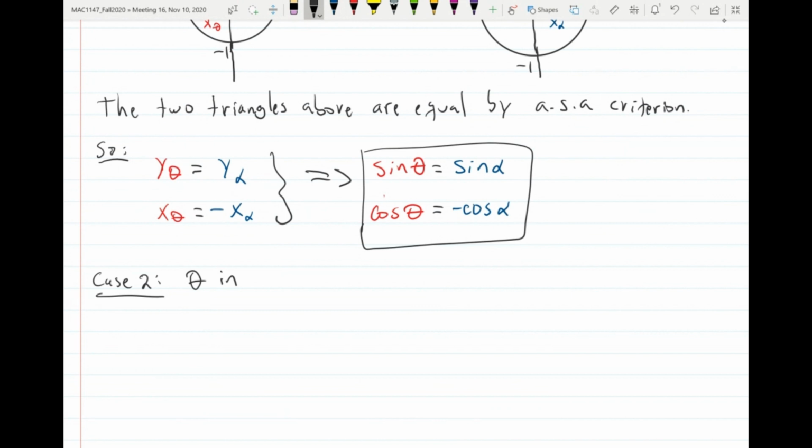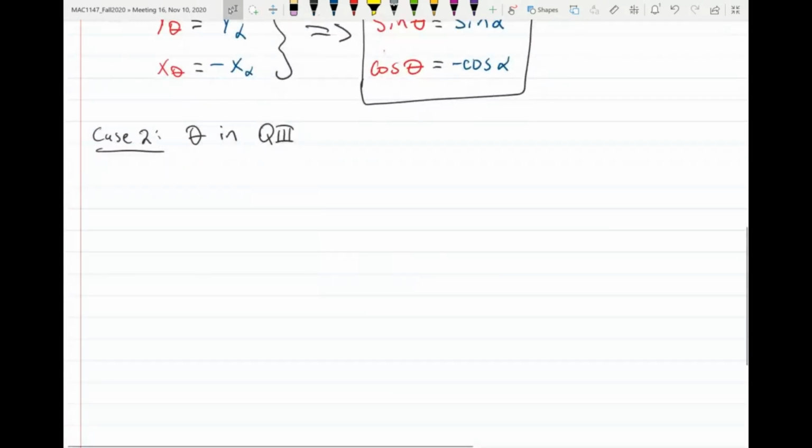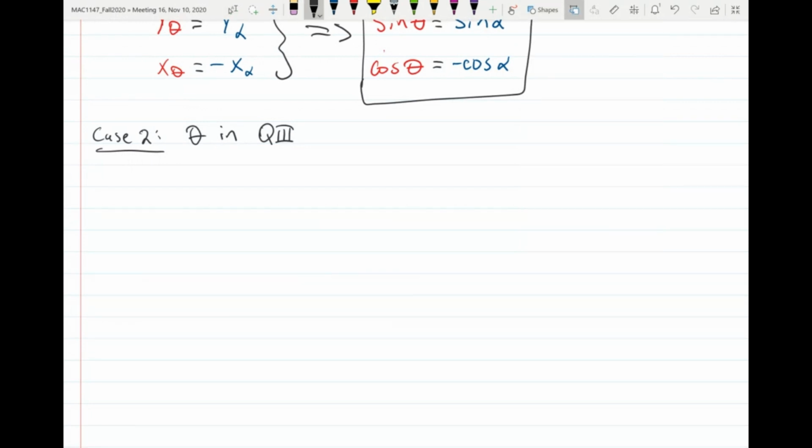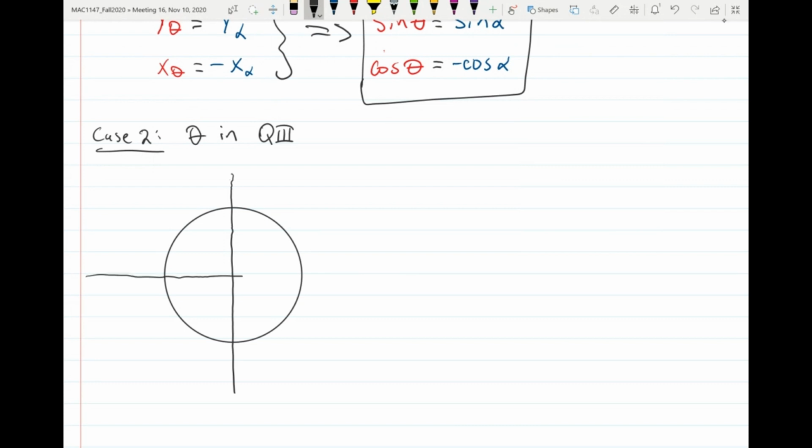So let's look at quadrant 3, which is the other interesting one. If theta is in quadrant 3, let's see, what will be the picture? We have our unit circle. Then I do my x and y.